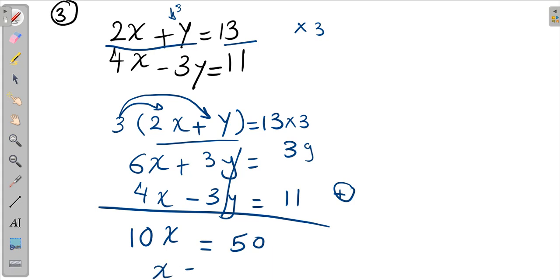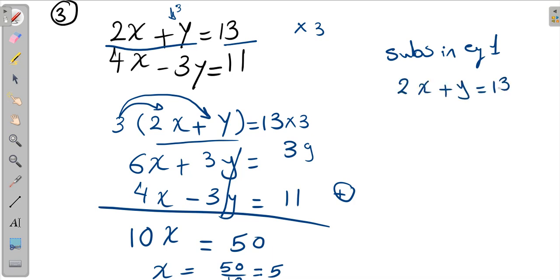Then x equal 50 divided by 10 equal 5. Substitute in equation 1. 2x plus y equal 13. 2 times 5 plus y equal 13. 2 times 5 is 10. 10 plus y equal 13.